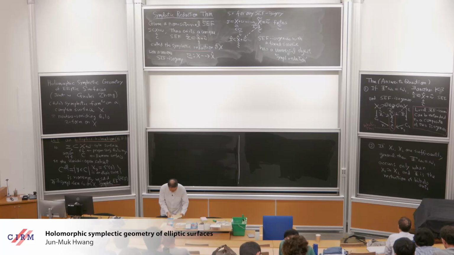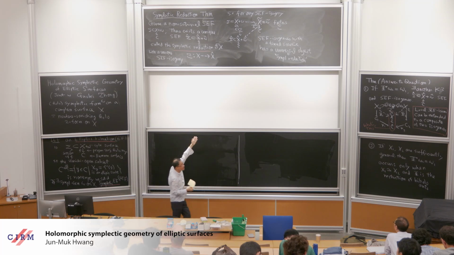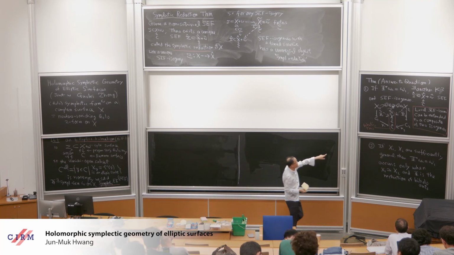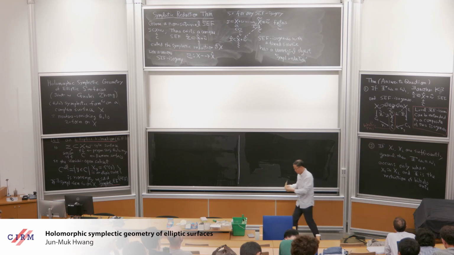Okay. Now let me give you the idea behind this construction of symplectic reduction. Because if you understand the idea behind the construction, then you can understand how this theorem can be proved.